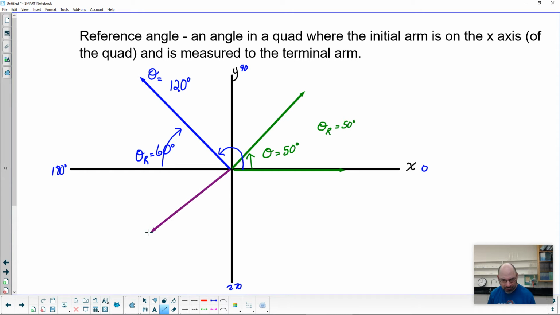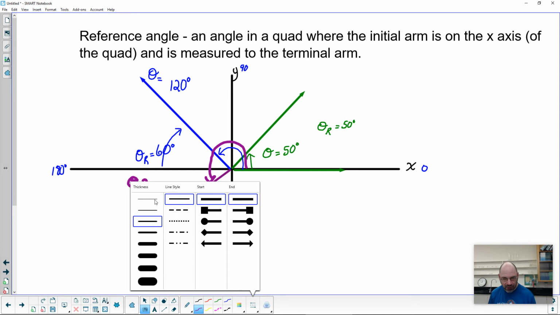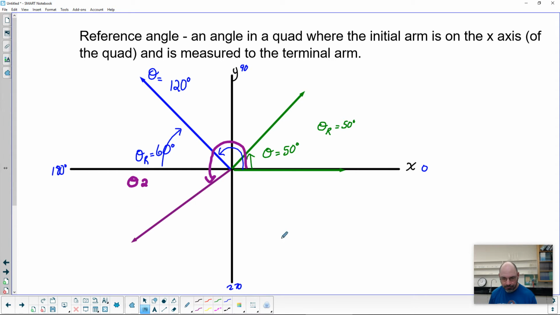The angle goes all the way around like that, and let's say that was 220 degrees. That's fat. I hate this thing being set automatically on the mid one there because it just makes a mess.